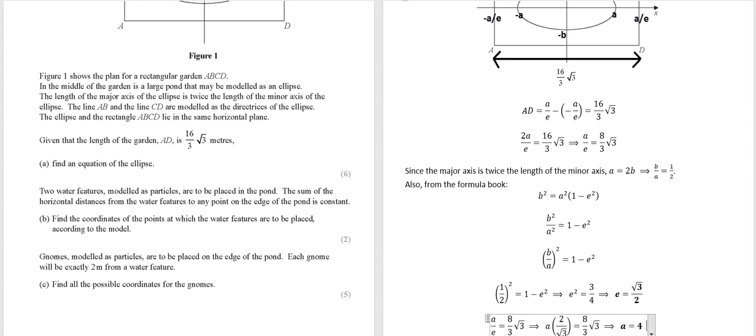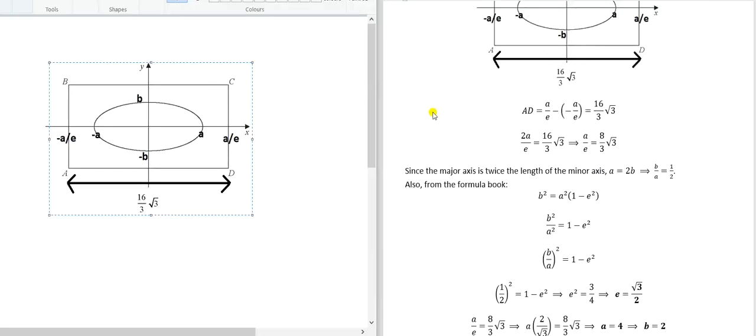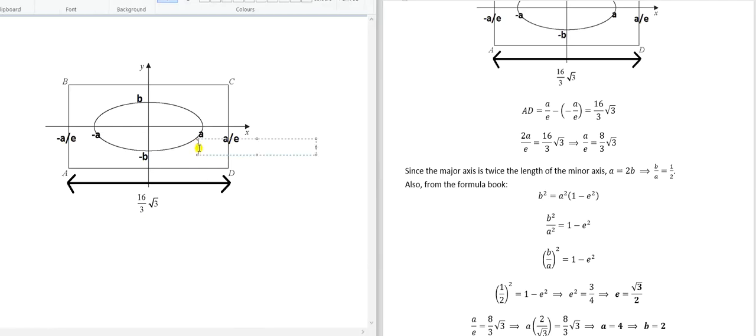And once we've got A equals 4, it's a short step to the value of B. B is equal to a half of A, so we get 2. We can double check by going back to our diagram and adding any information we've now managed to elicit. So for instance, we think A is 4, and we think negative A therefore is minus 4.